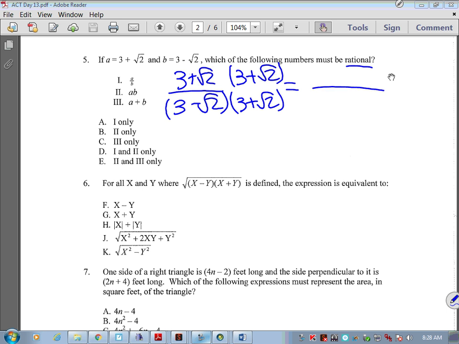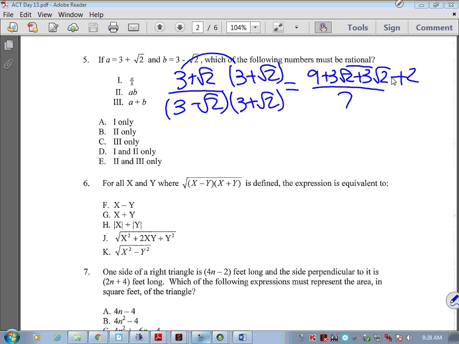On the bottom, I'm going to get 9 minus 2, right? I'm going to get 7 on the bottom. On the top, I'm going to get 3 times 3 is 9, plus 3 radical 2, plus 3 radical 2, and plus 2.